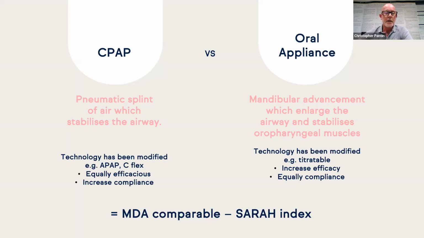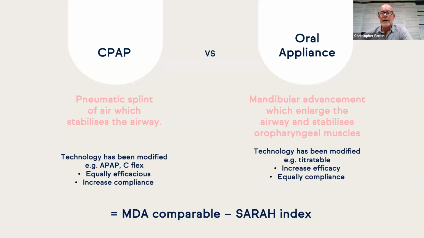The technology over the years, so CPAP basically, I think was invented in about 1985, has been modified over the years for different reasons to get better outcomes and to improve compliance. So what hasn't changed is the efficacy of it. The efficacy has always been good. What most of the work for CPAP has been on is actually compliance, because most people don't like it. It has about a 50% compliance at 5 years.